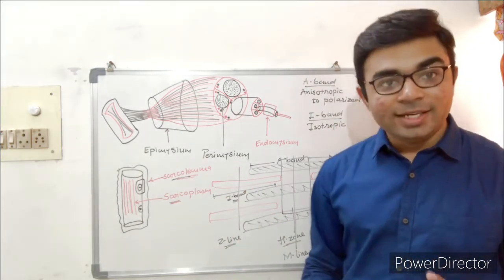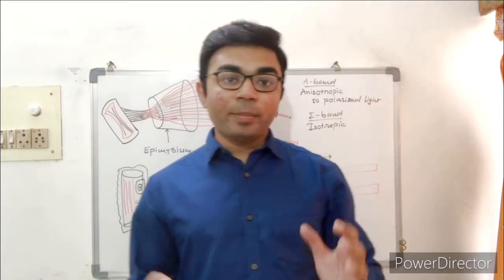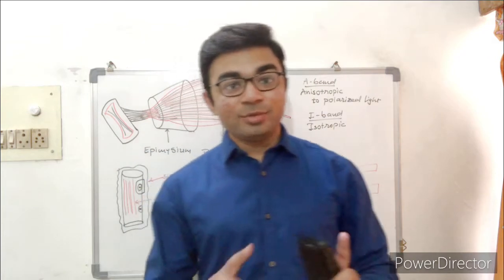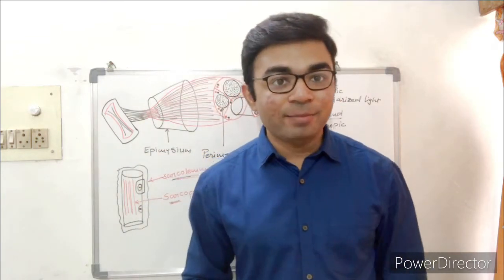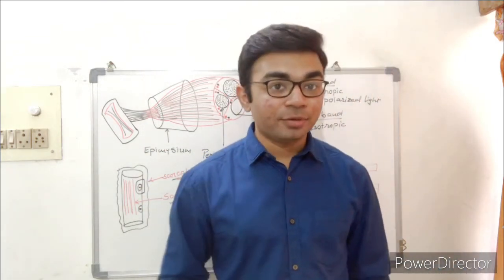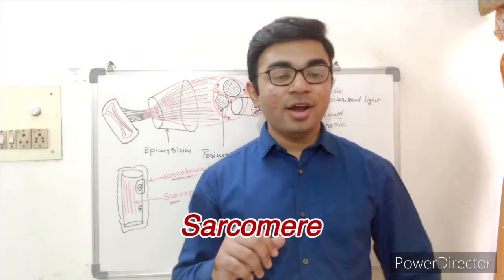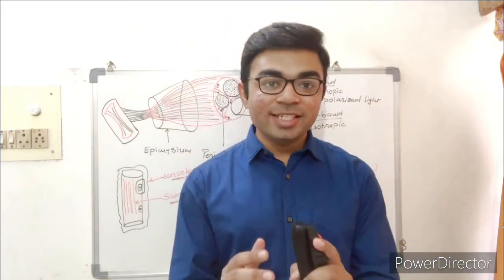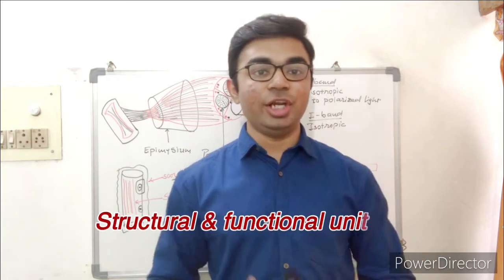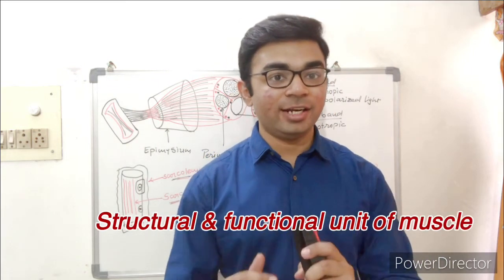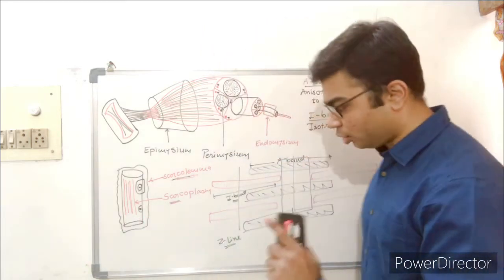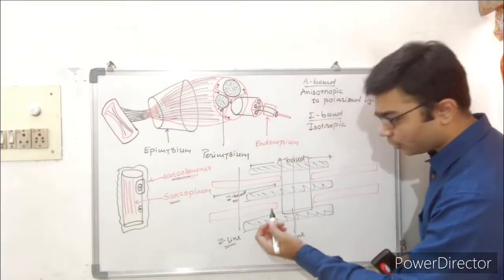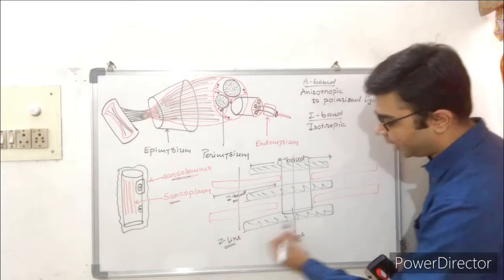So this was the idea about the electron microscopic picture of a myofibril. Now let's come to the next and important concept, that is the sarcomere. We must understand this concept. Sarcomere is basically the structural and functional unit of a skeletal muscle. Do remember this: it is the area between two Z lines.